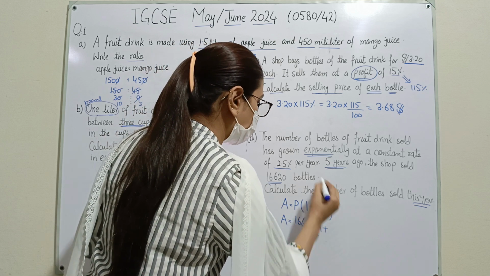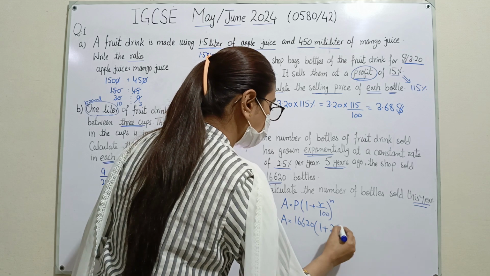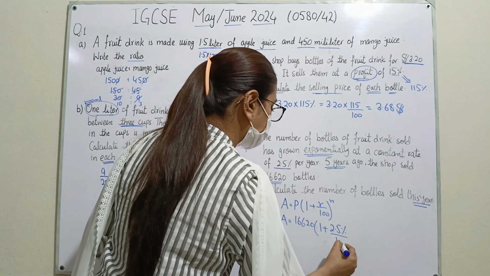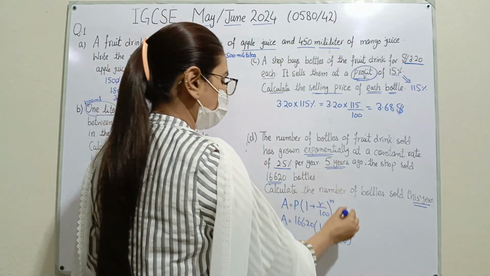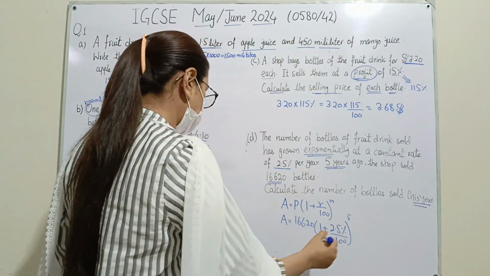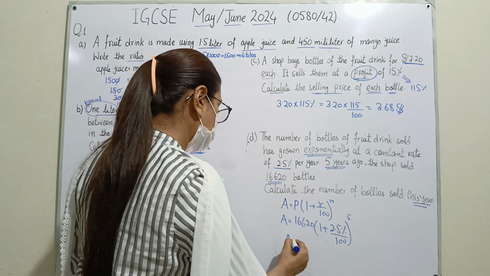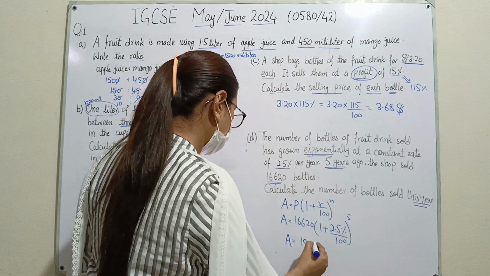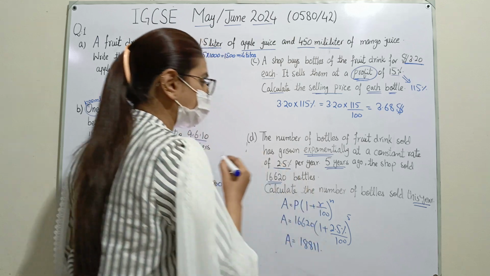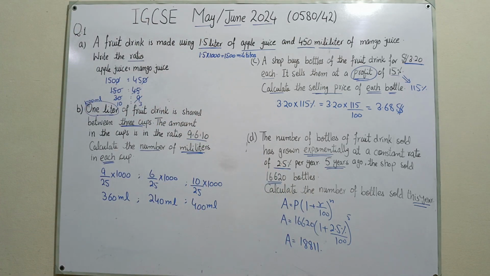What is the value of R? That is 2.5% by 100. And the value of n, or t, is 5. After calculating it on your calculator, you will get the number of bottles to be 18811. This was a formula based question.